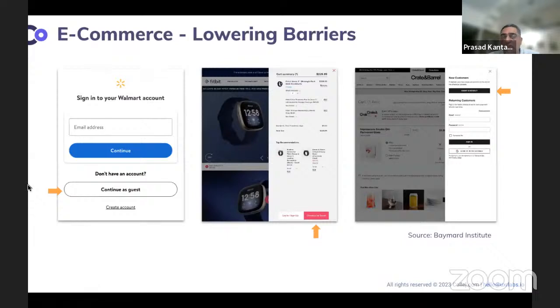Yeah. So this is where you're lowering barriers. So again, when you look at e-commerce, you can pretty much put everything into your cart and check out. In a lot of cases, you don't have to worry about security. For example, airline tickets. You can literally check out without creating an account. And the airline says, if you want to come back and modify your reservation, you need to have an account.